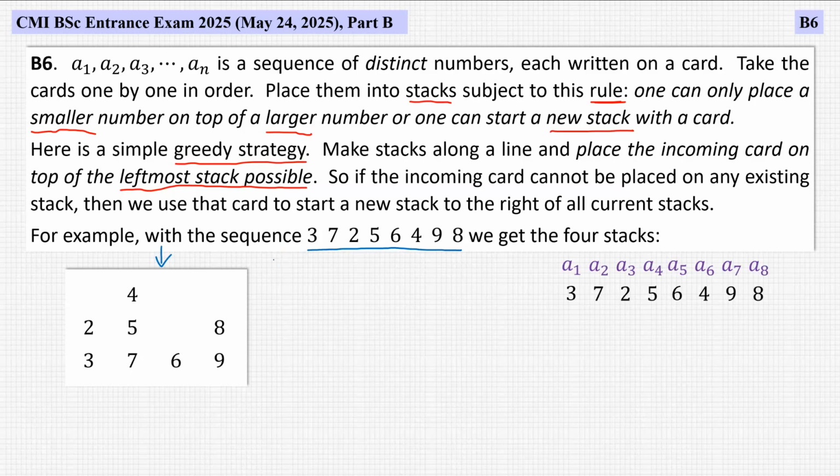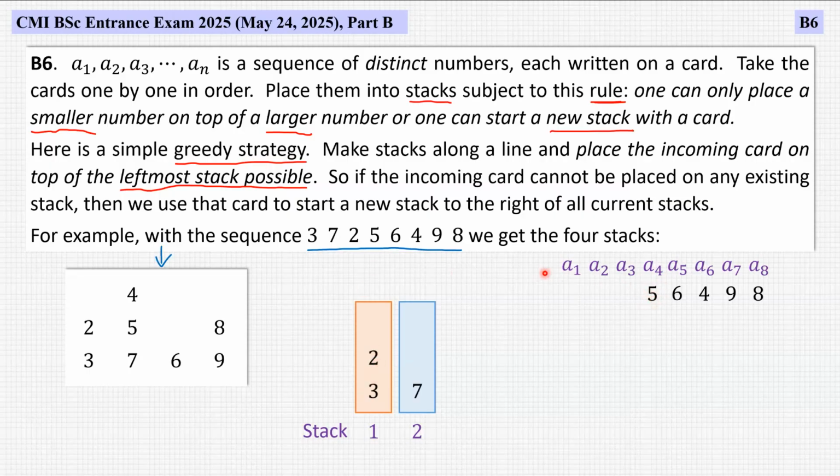If I may explain it in more detail, so we have this sequence. Obviously 3 goes into the first stack, and as for the next term 7, it cannot be placed on top of 3, so it goes to the next stack. As for the next term 2, it can be placed on top of 3.